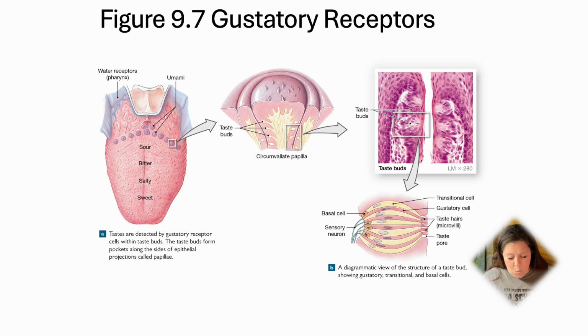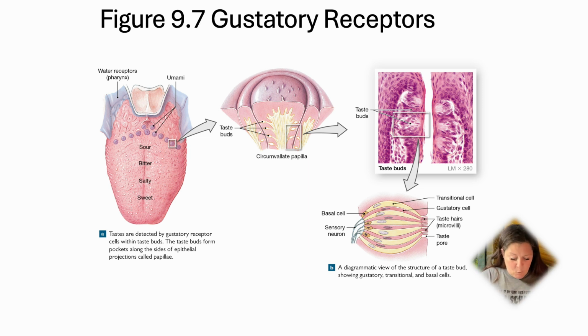When it comes to water, most people will say water doesn't have a taste. In fact, we do have receptors that are specific only to water, and those are water receptors. They help send information to the hypothalamus to regulate water balance in the body.